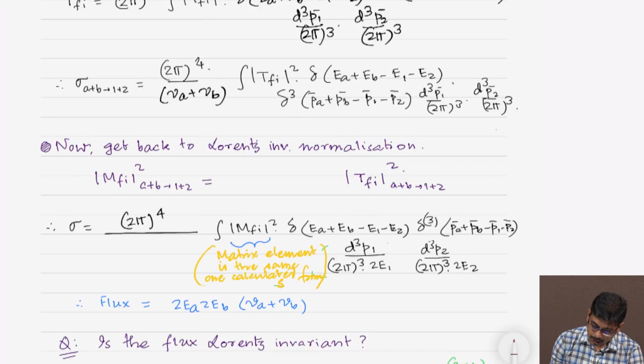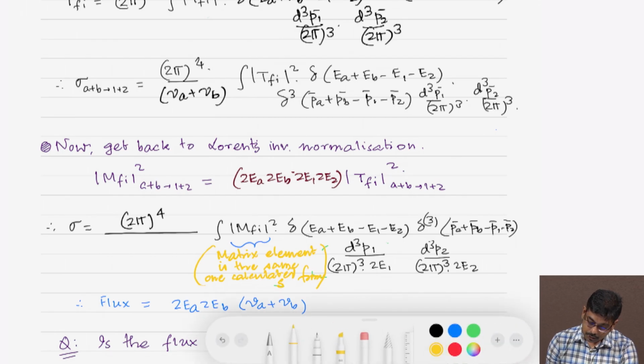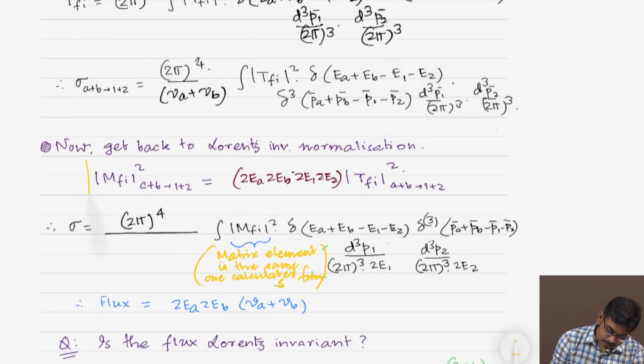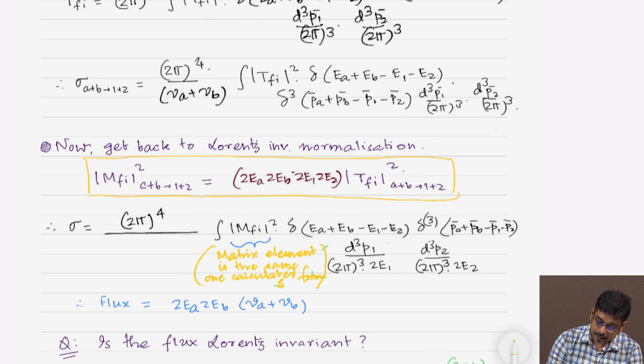So, therefore, for this one it is basically going to be a factor of 2EA, 2EB into 2E1 into 2E2, correct. So, MFI square is going to be equated to TFI square in this particular way with the factors of the energy.